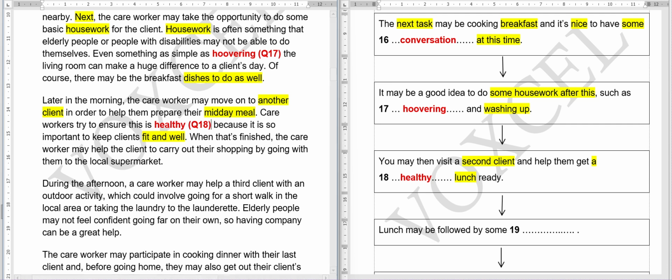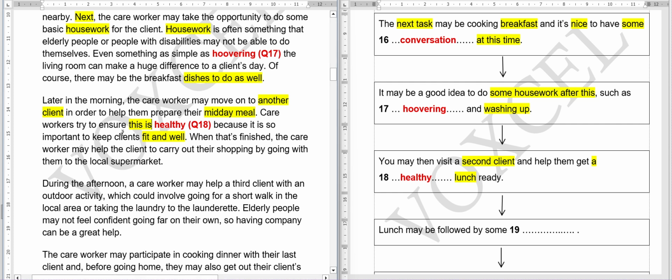Were you able to arrive at this answer, healthy? Because in front of or behind healthy there is nothing about lunch or anything like that. Where is lunch written? Yes, midday meal, basically your lunch. This refers to the midday meal, and midday meal basically means lunch here.